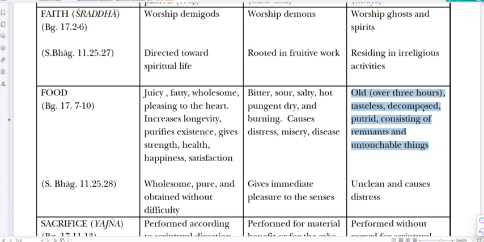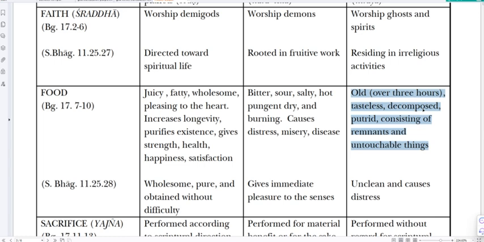Fish, when they kill the fish, the chicken, the goat, it starts decomposing, right? They put it on ice. Yes, they put it in ice and salt.